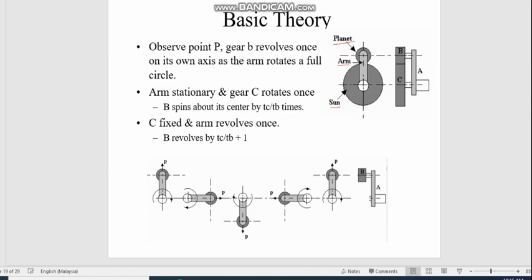So as the planet gear revolves around the sun, the teeth of the planet gear will mesh with the sun gear. They revolve relative to each other.